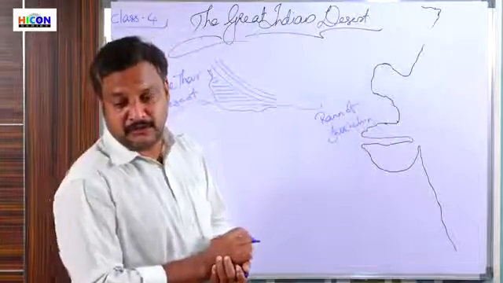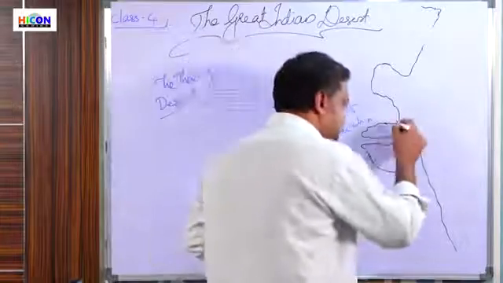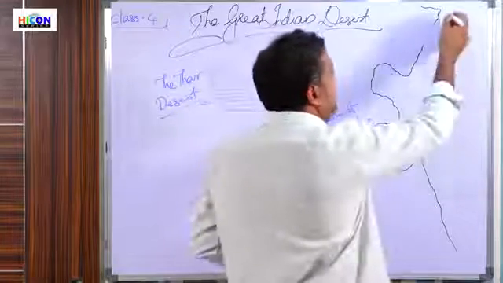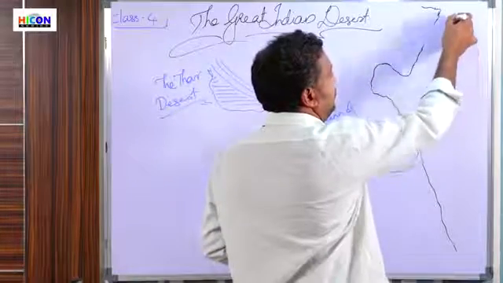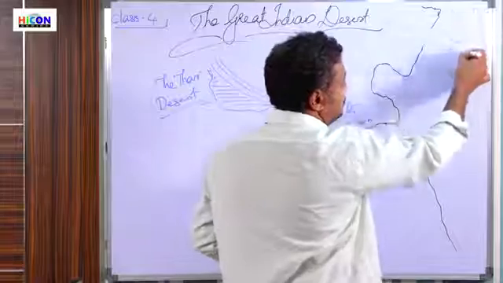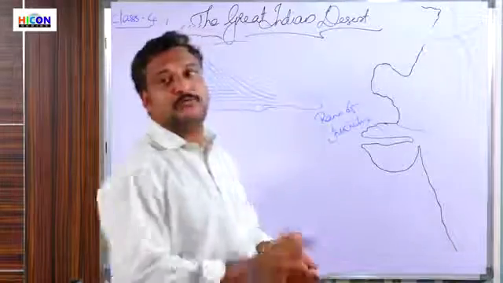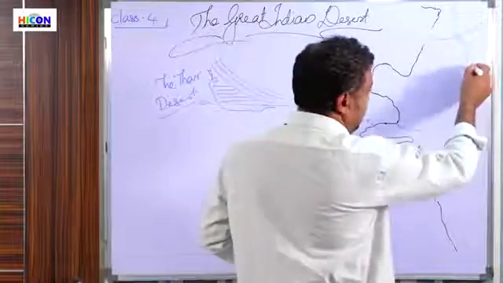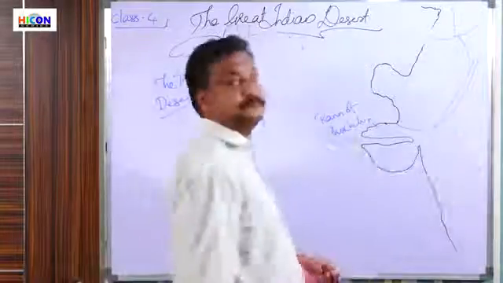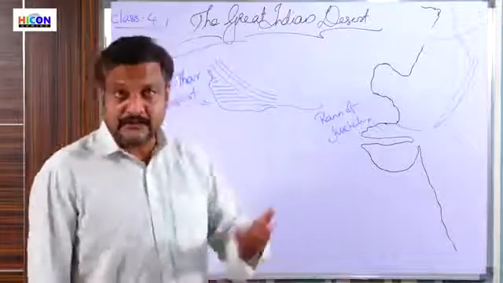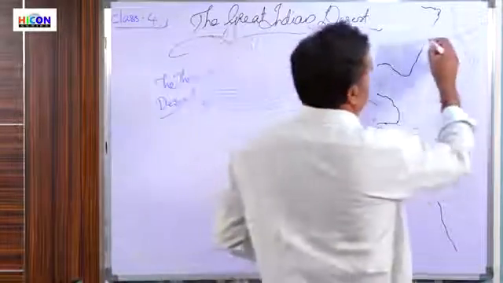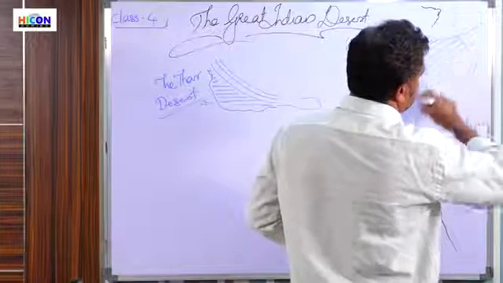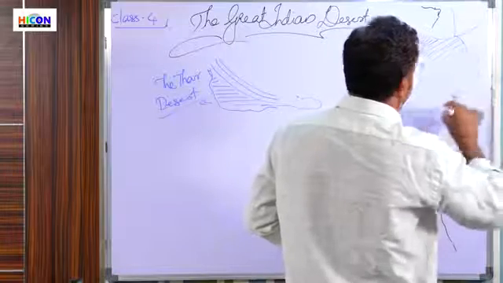It starts from the edges of the Rann of Kutch, and here we have Punjab and Haryana. So it extends up to the Punjab-Haryana region in the north, and we have the Aravalli mountains here. This shaded region is the extent of the Thar Desert.